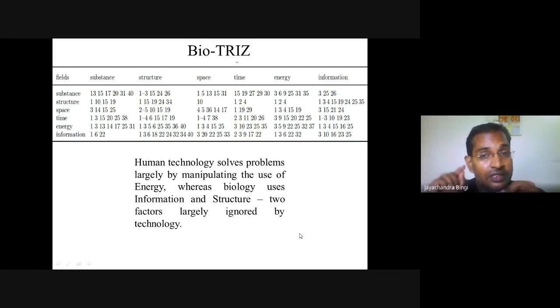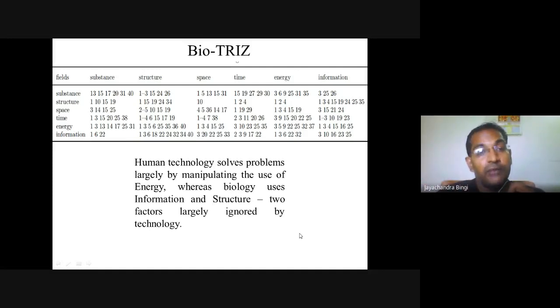That means instead of choosing 39 parameters, in a bio related or bio inspiration case or biosystems case, you are choosing only 6 parameters to understand the systems. So those 6 parameters I told already.